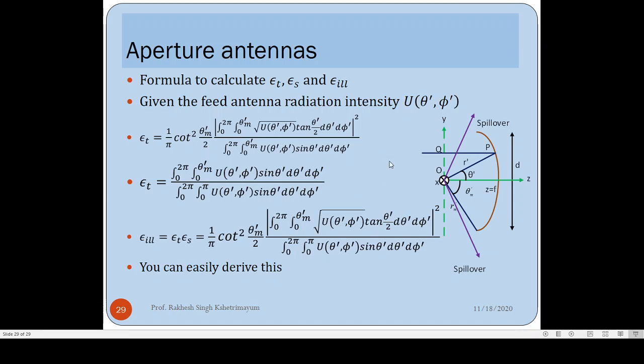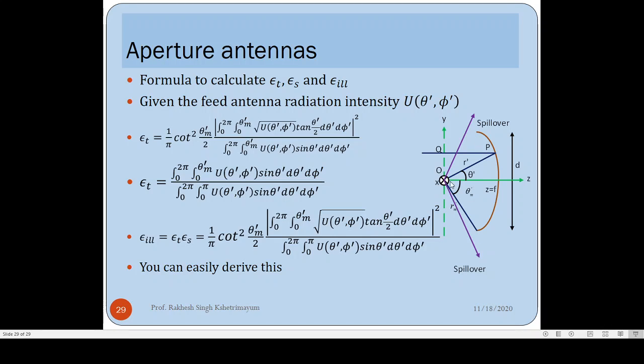Any rays which have gone inside this portion will get reflected back and will give proper radiation. But rays which have gone beyond the rim of the parabolic reflector antenna are wasted.